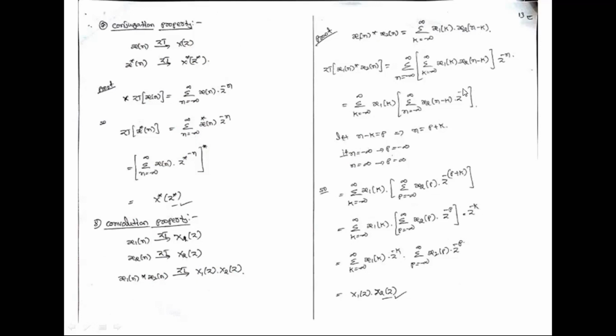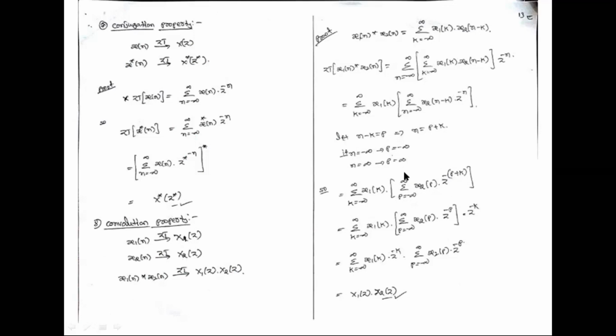Otherwise, without using the property directly, you can take n minus k equal to p, n equal to p plus k, and n equal to minus infinity gives p equal to minus infinity, n equal to infinity gives p equal to infinity. Substitute here, p equal to minus infinity to infinity, x2 of p z power minus p plus k.